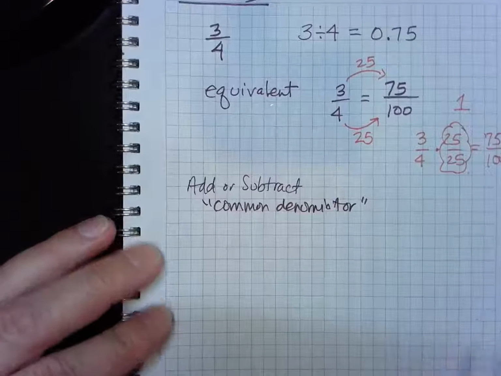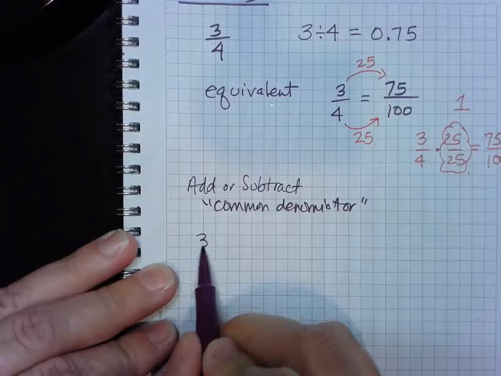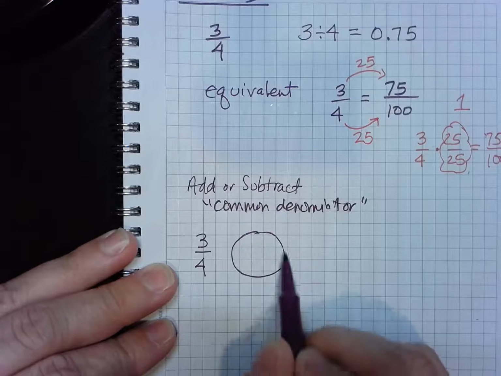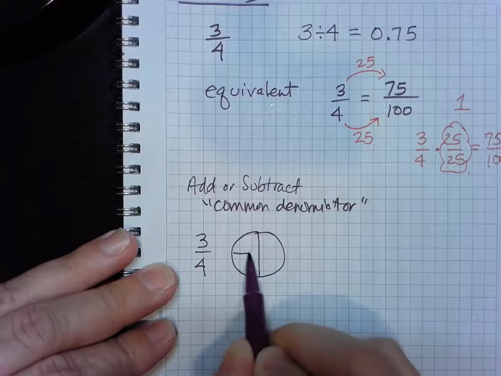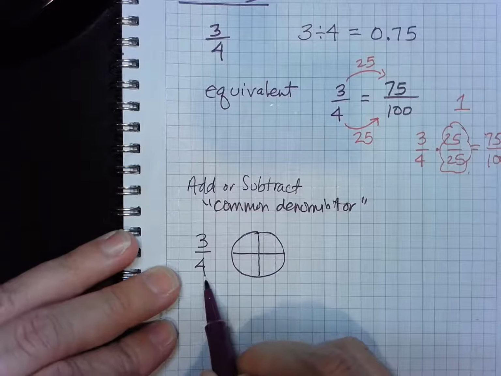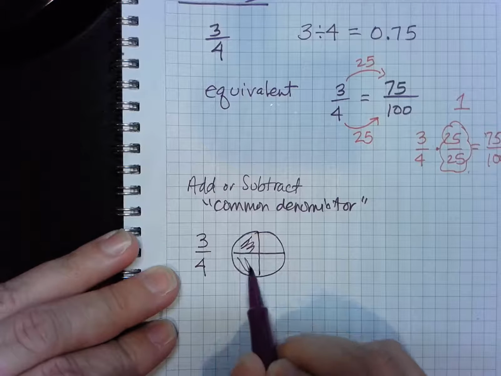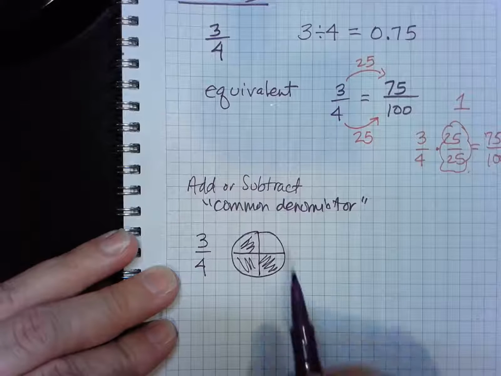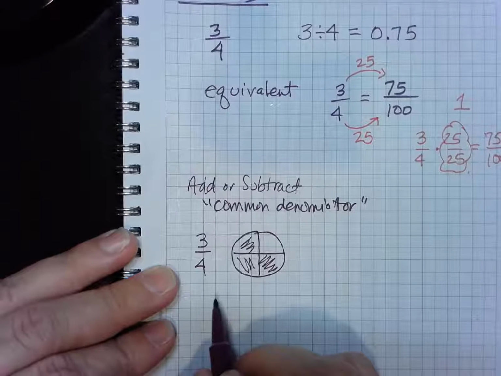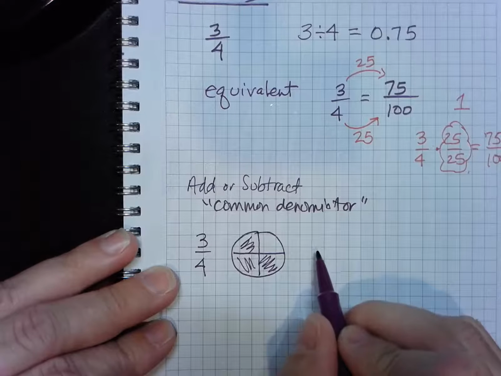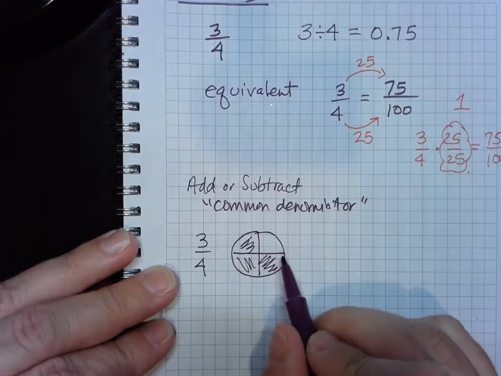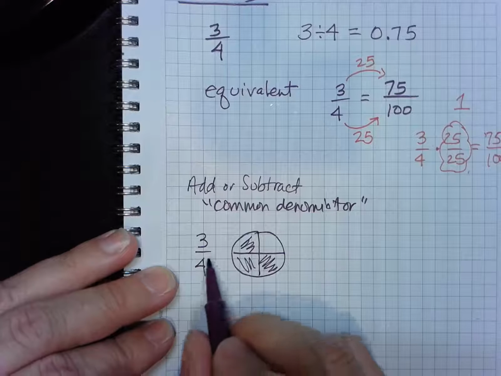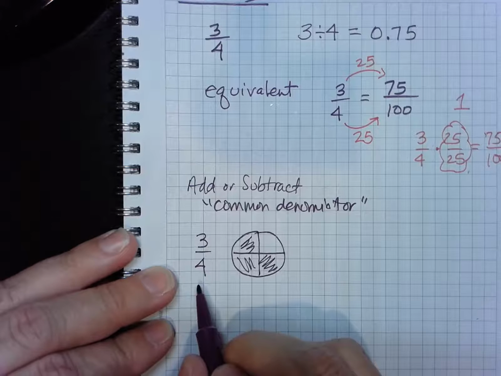If you looked at a picture of 3/4, I have a whole, and I have the whole divided into 4 parts, and I get 3 of those parts. So this is a picture of 3/4. If I wanted to add 3/4 and another fraction, it would have to be in the same size pieces. So the whole would have to be divided into the same amount of parts.